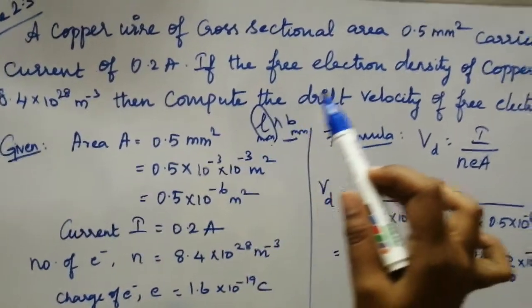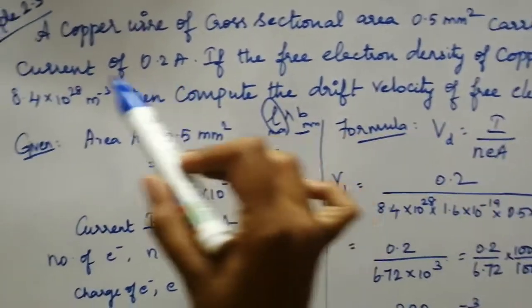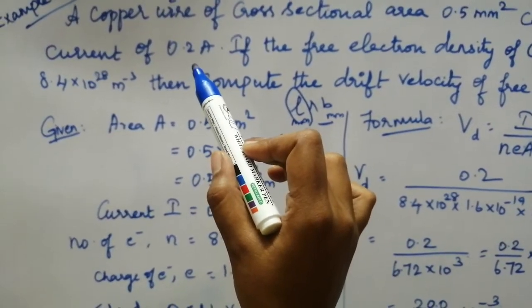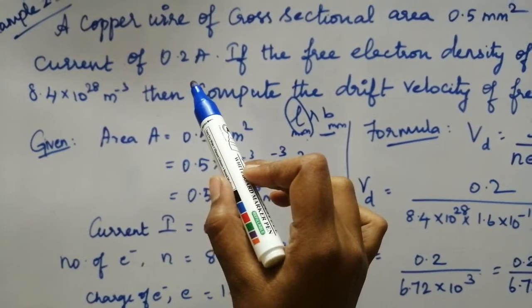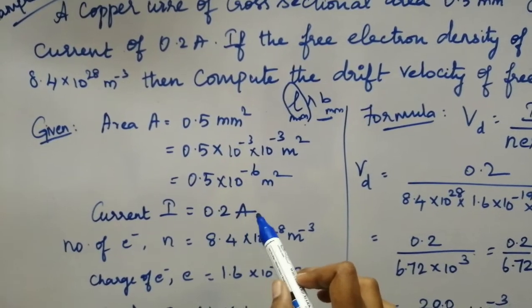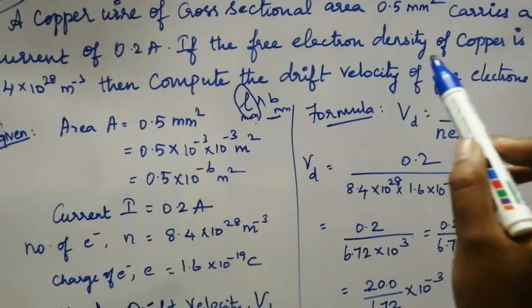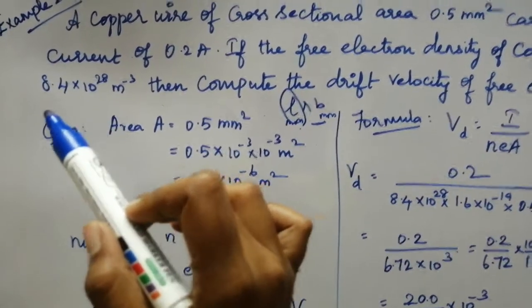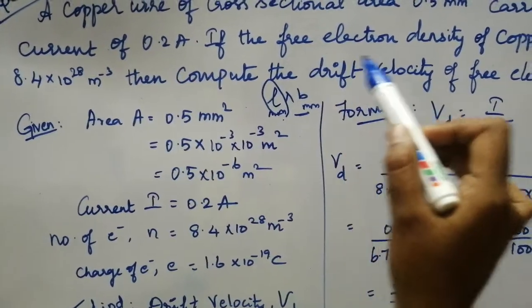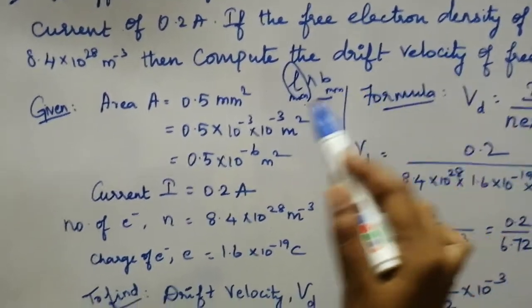This is area. Then, it carries a current of 0.2 amps which is given. Right? So, the current I is equal to 0.2 amps. If the free electron density of the copper is 8.4 into 10 to the power 28 per meter cube, the electron density is given.